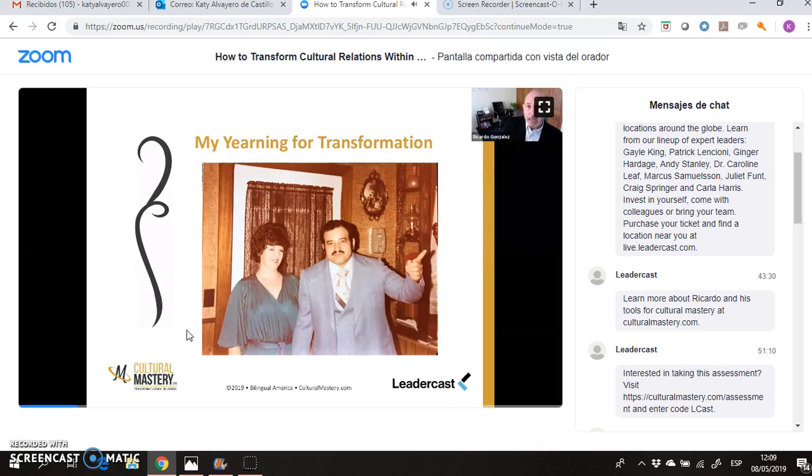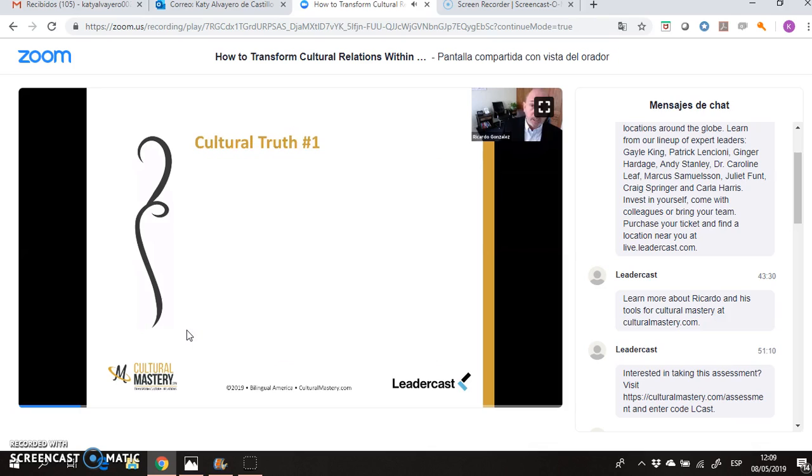We needed literal transformation to change it from the painful state it was in to something so much better. That really got me personally on a path of how we master culture, how we create real, deep, meaningful, sustainable cultural transformation, not only in our personal lives, but in our organizations and in our communities, right?